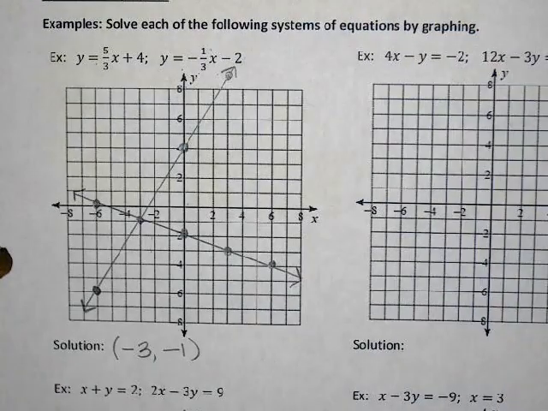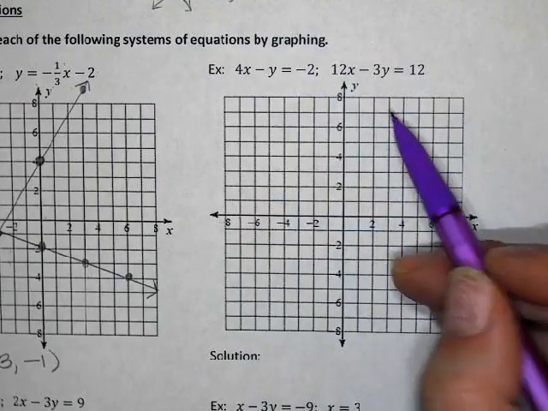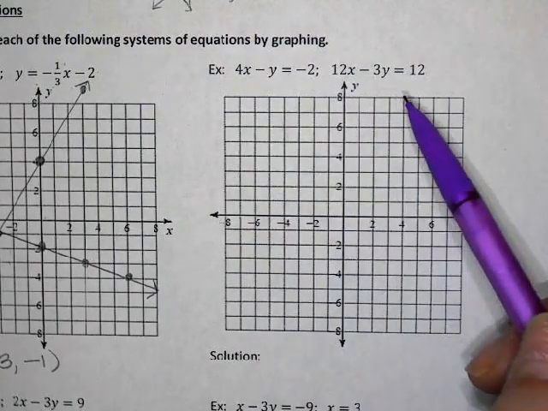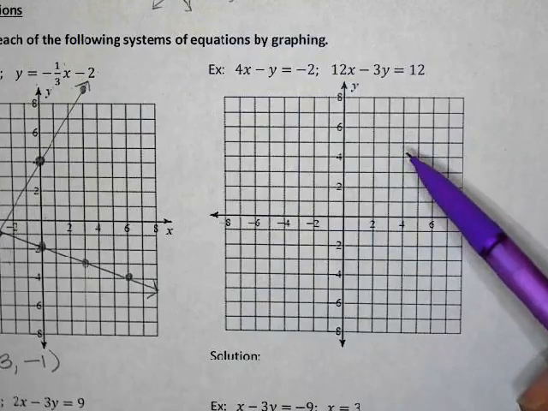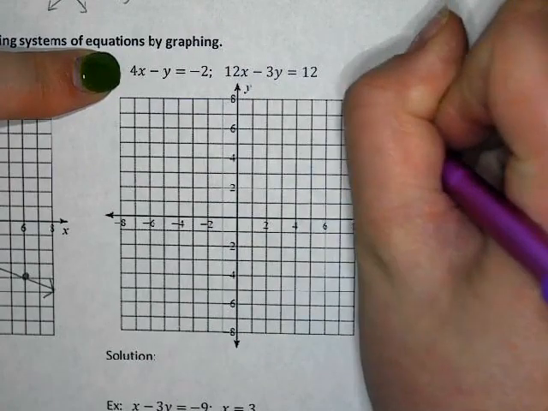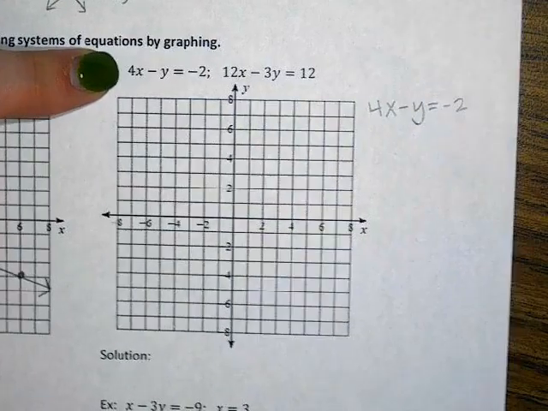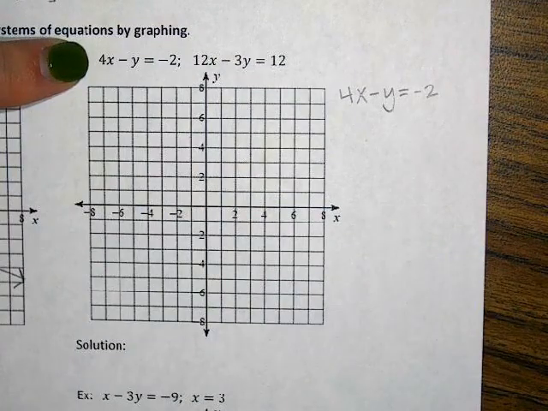Okay? Let's try the next one. So in this one, both of the equations need to be fixed so that we can graph them. So I'll go ahead and start with the first one. 4x minus y equals -2. What am I going to do so that I can graph that one?